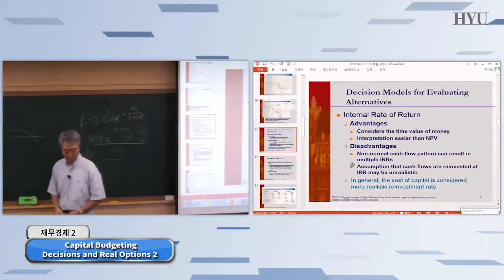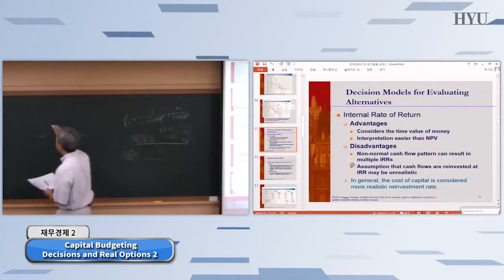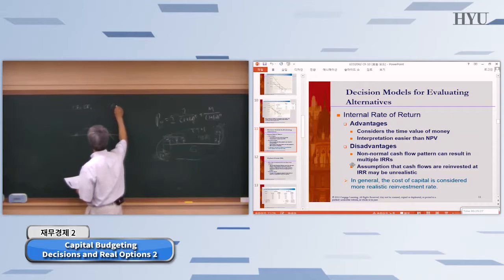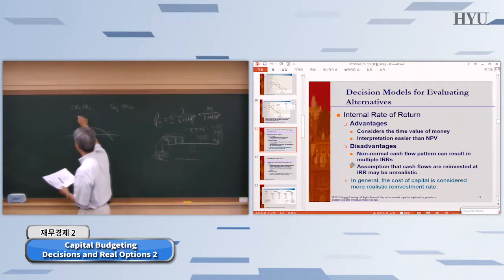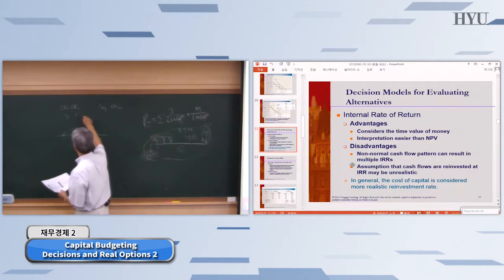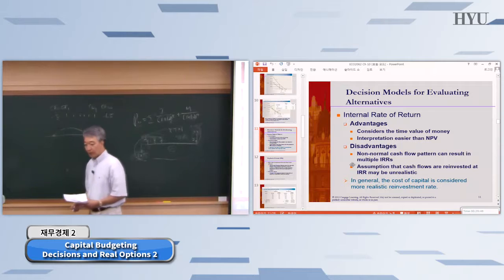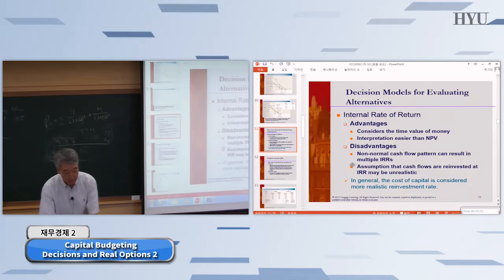Let me give you a very simple hypothetical example. Let's say CF0, CF1, CF9, CF10. Let's say CF0 is negative 3, and from 1 to 9 they are all 1. And then CF10 is negative 6.5. Why don't you pull out your calculator and calculate IRR using the cash flow function?